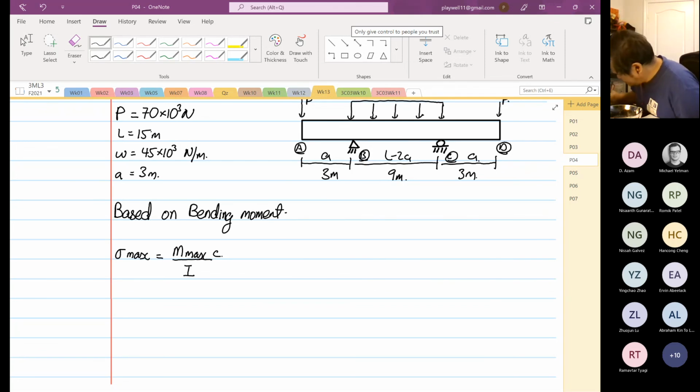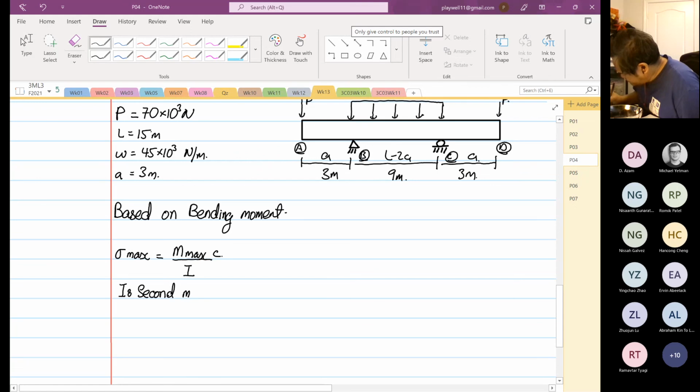I is the second moment of area, and c is the furthest distance from the centroid.